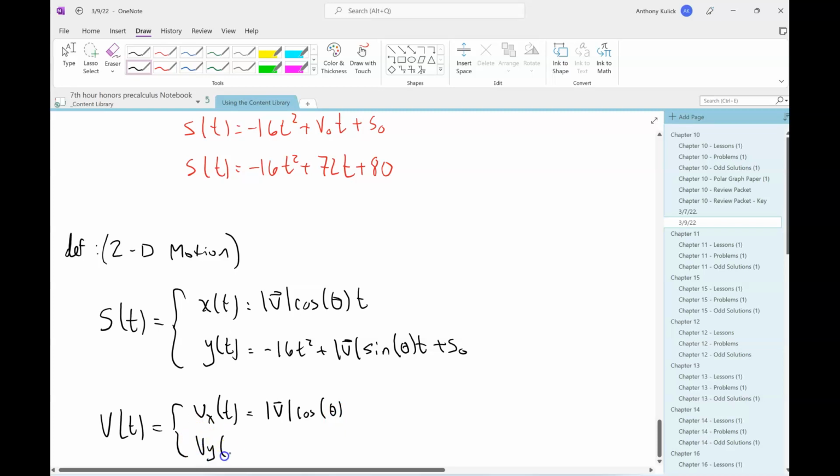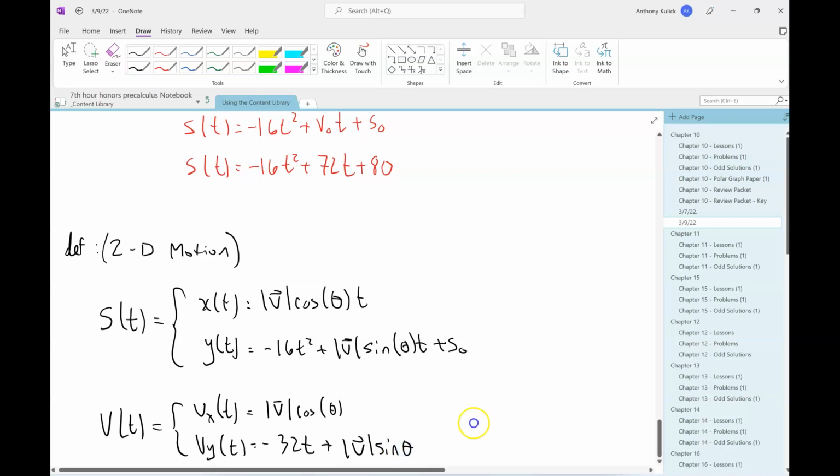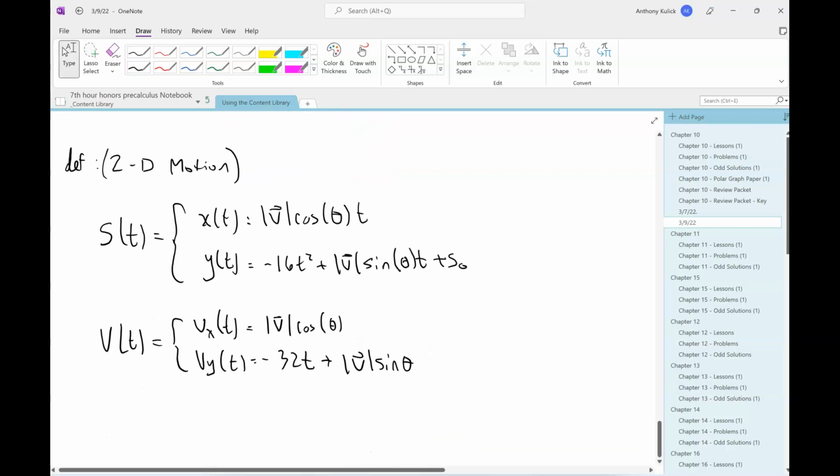The vertical bars around the vector v is the magnitude of vector v. And you might be going, woof, Mr. Kulik, vectors again? Nah, man, it ain't so bad.